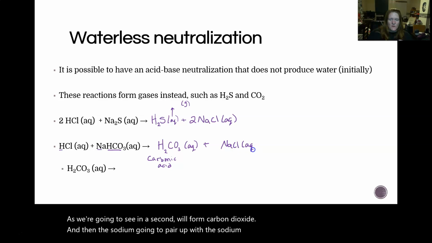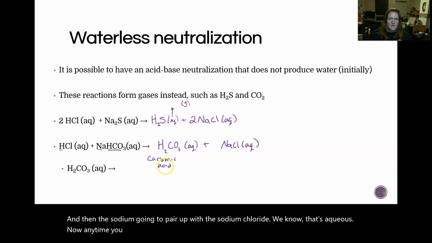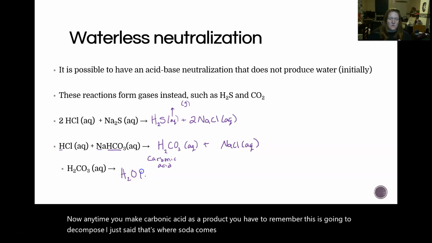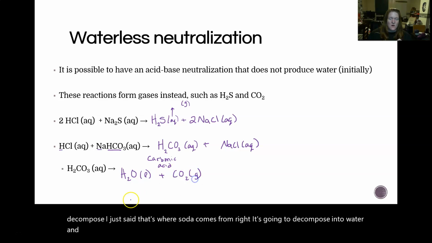We know that's aqueous. Now, anytime you make carbonic acid as a product, you have to remember this. It's going to decompose. I just said that's where our soda comes from, right? It's going to decompose into water and CO2 because those are more stable than carbonic acid is.